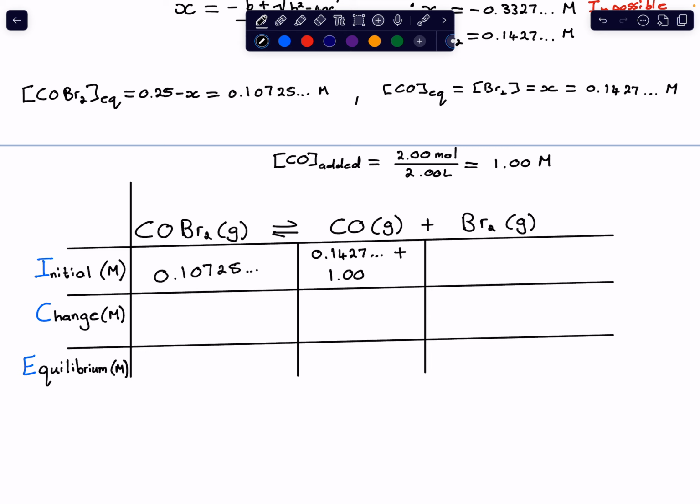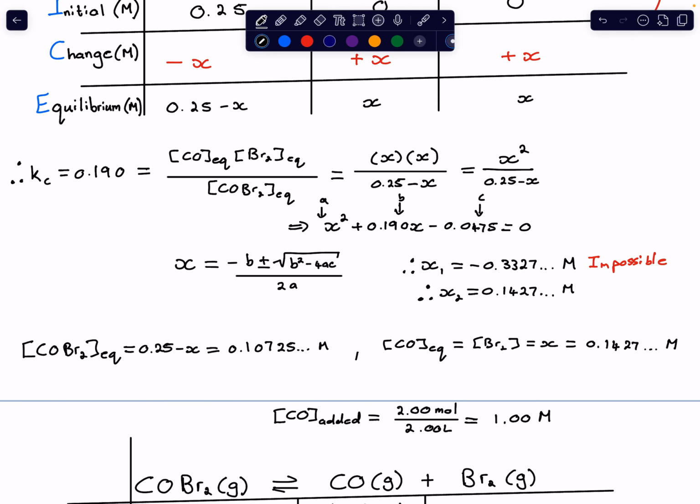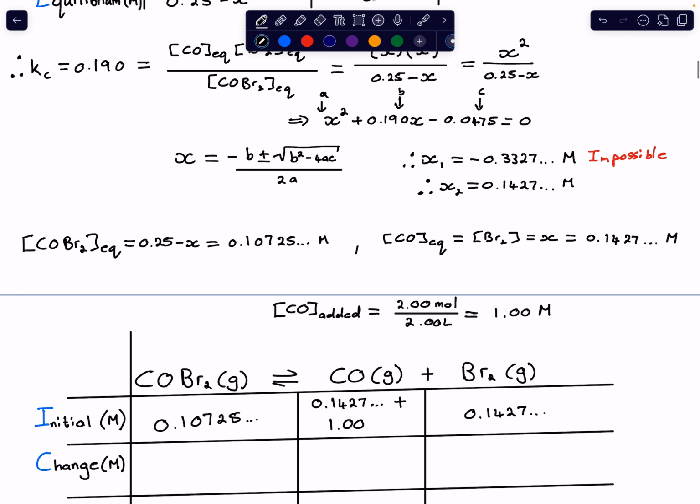The rest didn't have a disturbance. And the bromine, well, it is just at what it was at equilibrium. So 0.1427 and so on and so forth. If you want to split this up into a couple of steps, meaning values at equilibrium, disturbance, right? What is the disturbance?